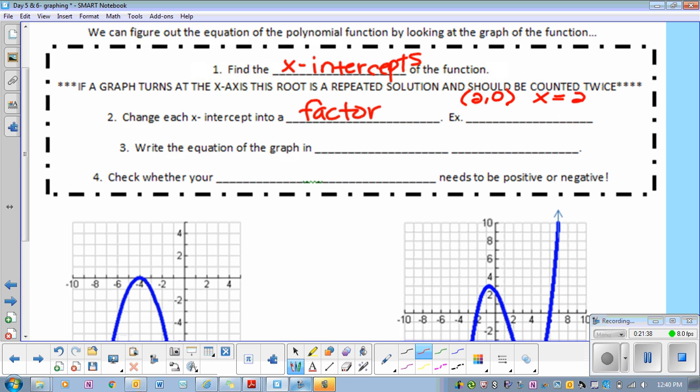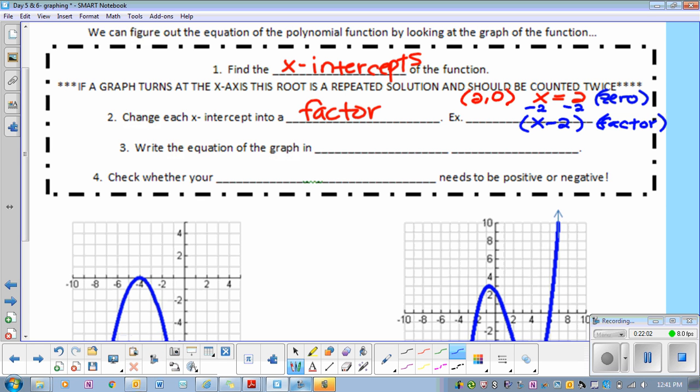That's my 0. Turning that into a factor, if I minus the 2, then I get x minus 2, and that's a factor. Does that make sense?